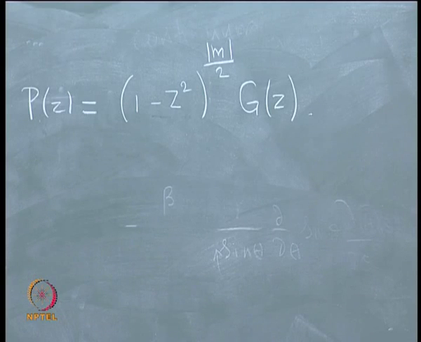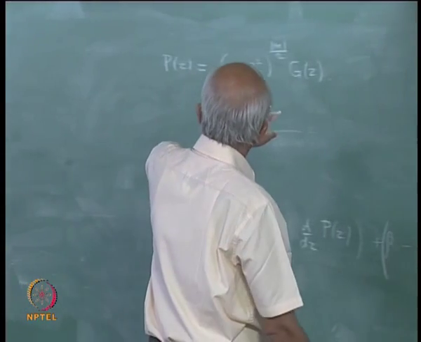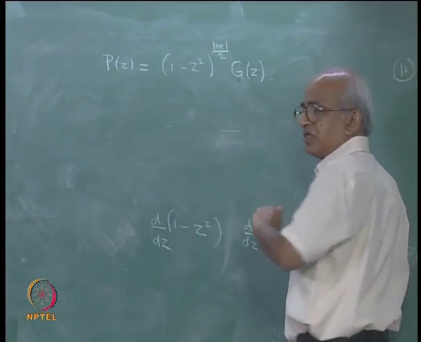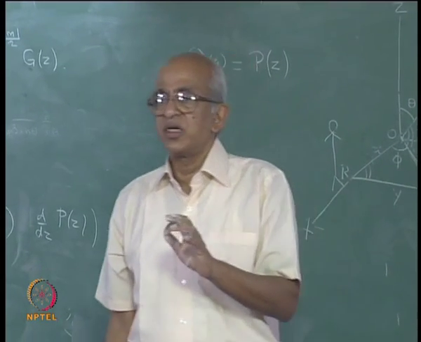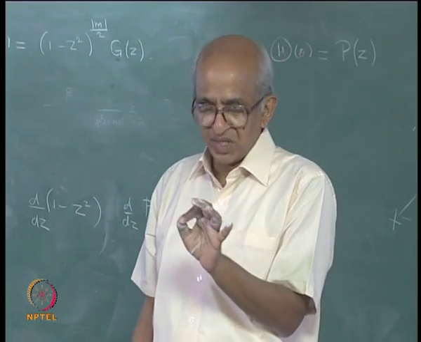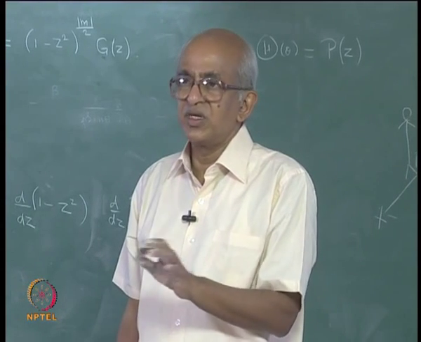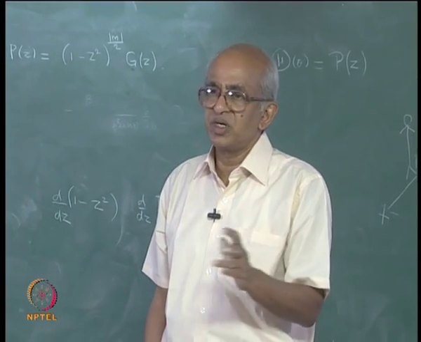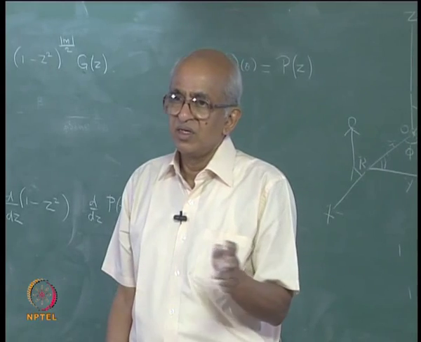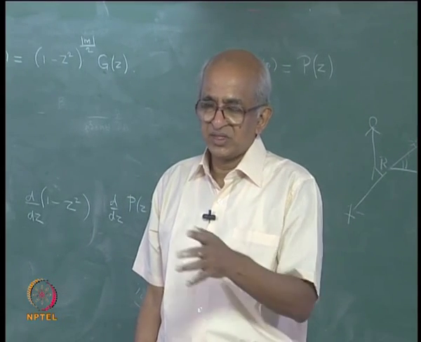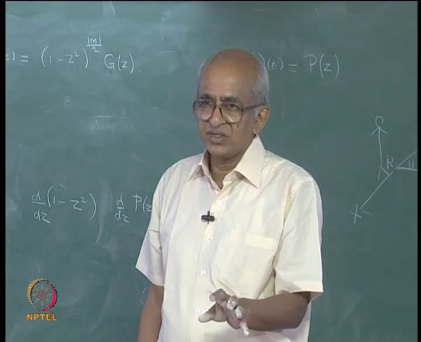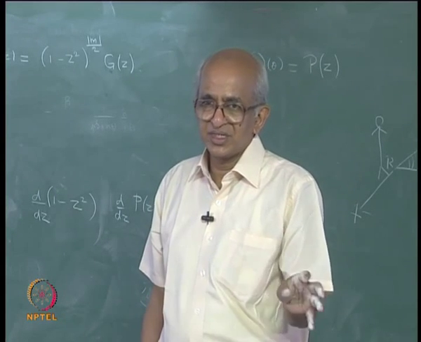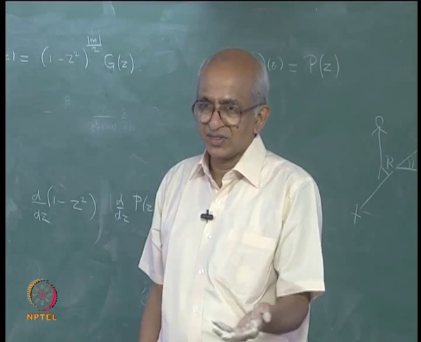The reason is not actually very obvious, but if you make this substitution, then the equation that you get for G can be solved by the method that we discussed yesterday, by the series expansion procedure, where G may be written as a power series in Z. Remember yesterday we discussed the harmonic oscillator, where we had the function H and this H was written as a power series in the variable x.